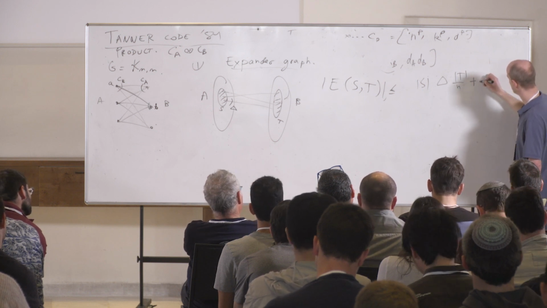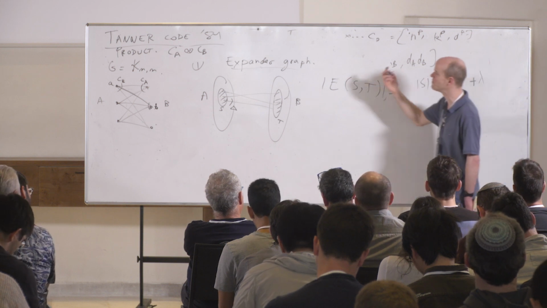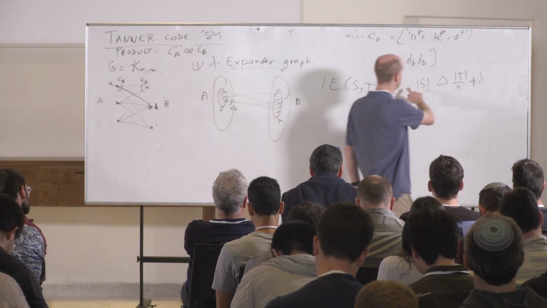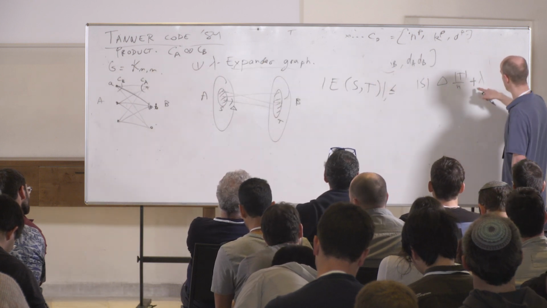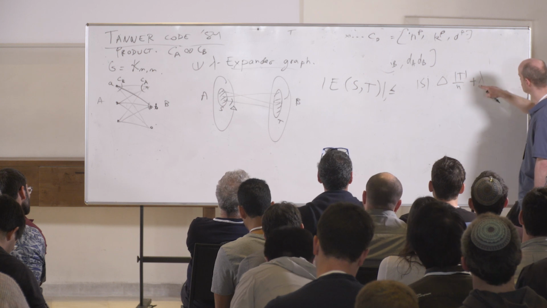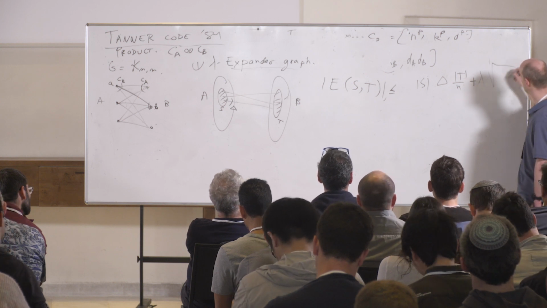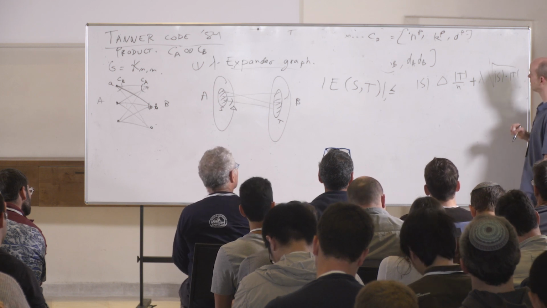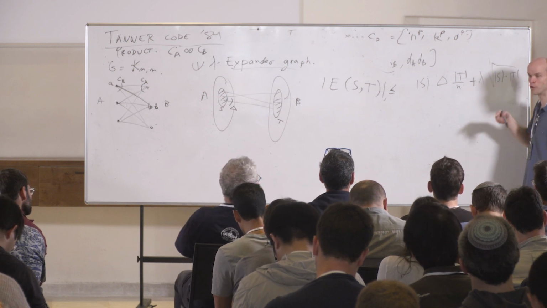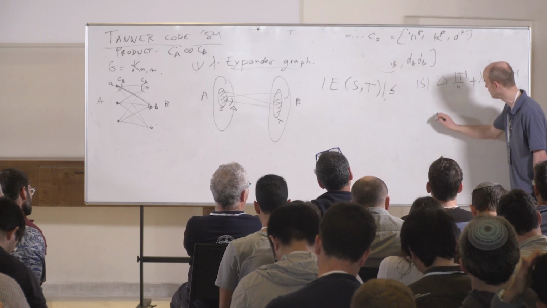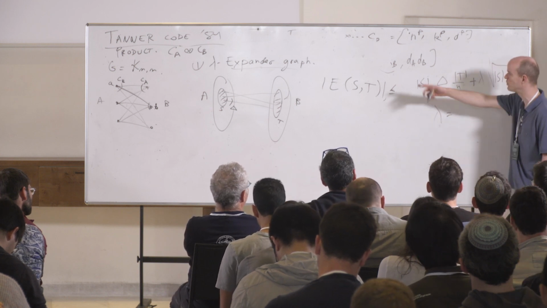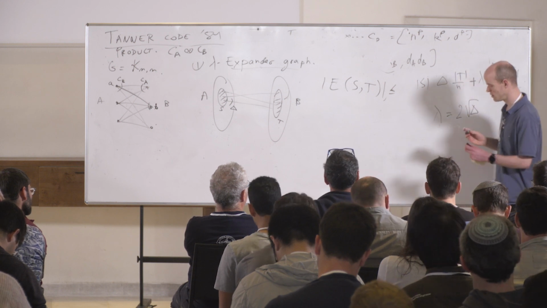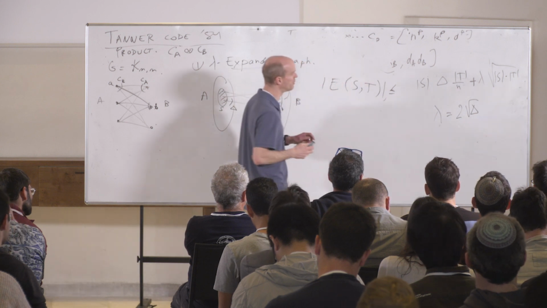Usually, when you have what is called a lambda expander, you have a bound like this, but you have to add an error term, which is lambda times square root of S times T. And what is the value of lambda that you can achieve in practice? If you have a really good expander, you can take lambda equal to 2 square root delta. So that's the property that I want.